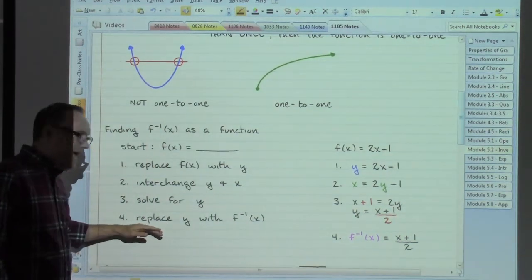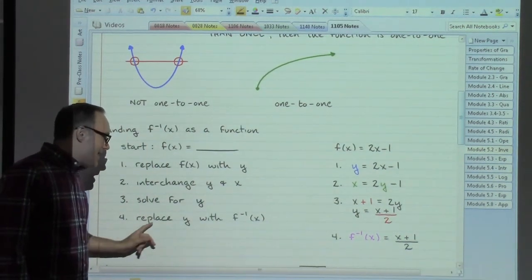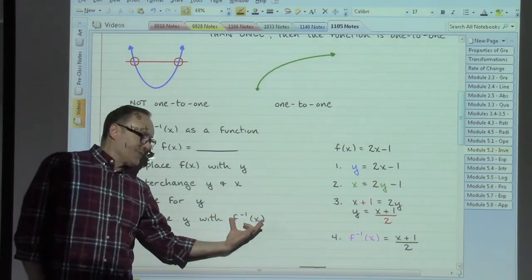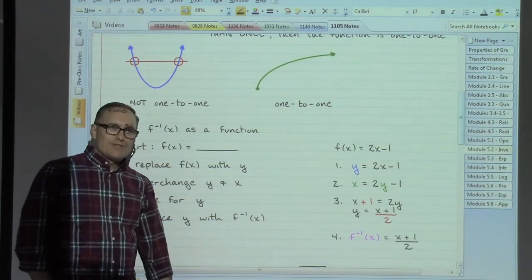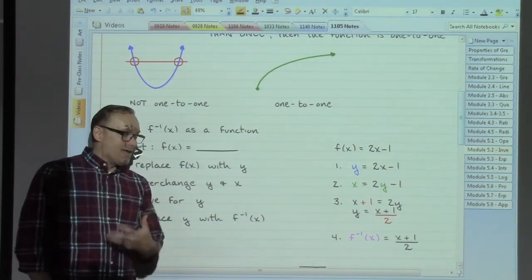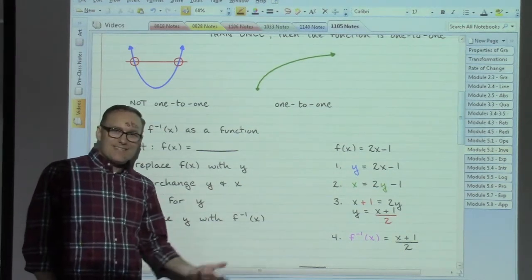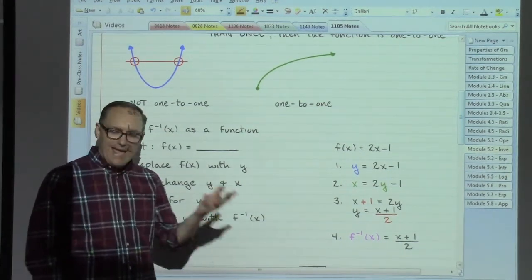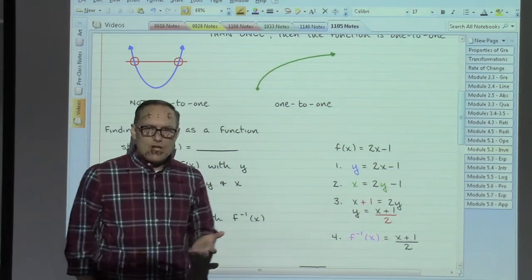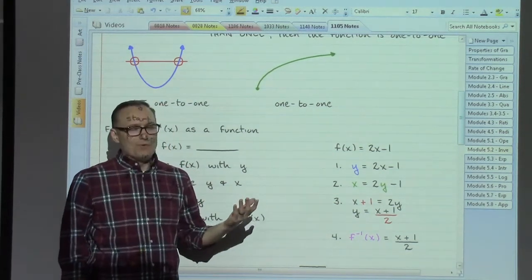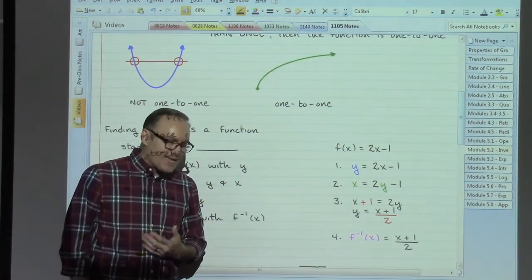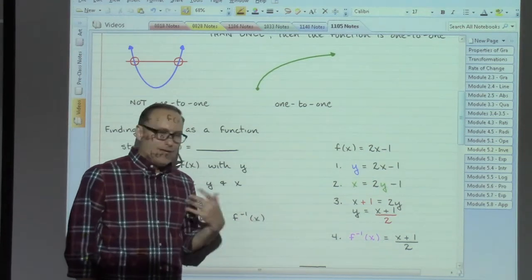Step 4, that's cosmetic as well. Now let's replace the y with f inverse. So we did a little equation solving, and boom, all the rest of this was super cosmetic. As long as we can solve equations, and we've got plenty of experience with it at this stage, we can do this.